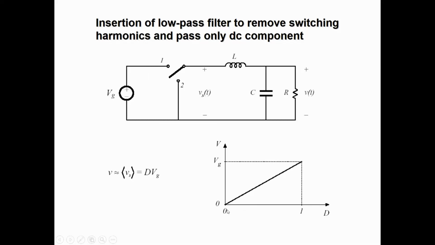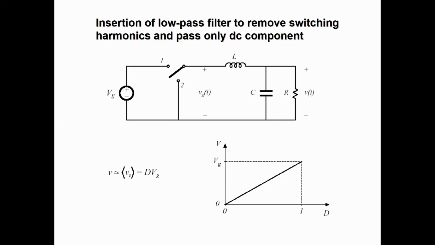If we look at this graph, when D is equal to 0, the output voltage is 0, and when D is equal to 1, the output voltage will be equal to Vg. So it means that we can get an output voltage from 0 up to the input supply voltage.